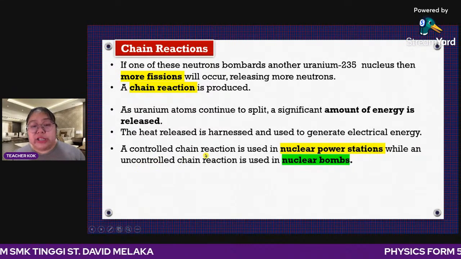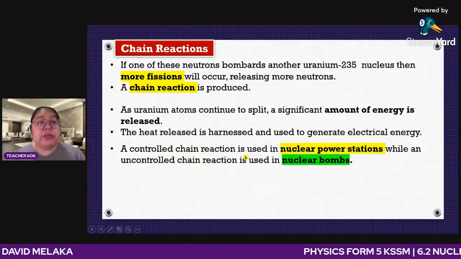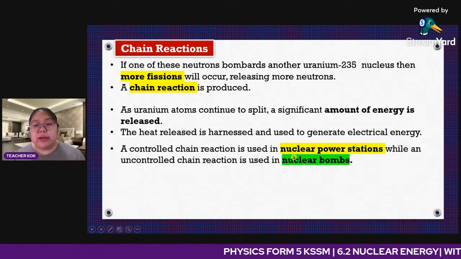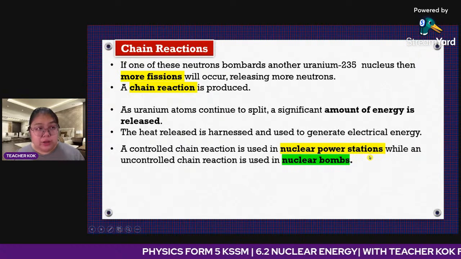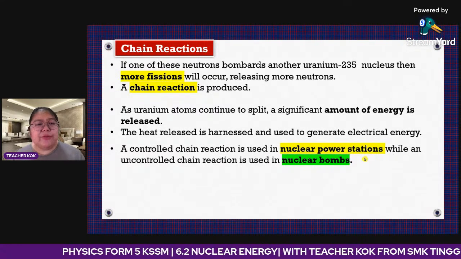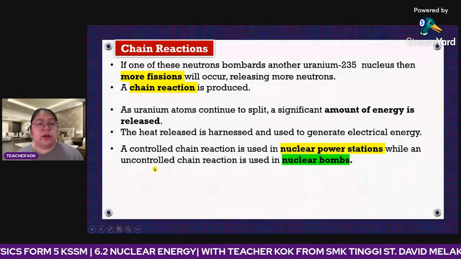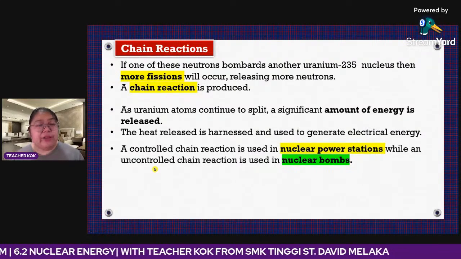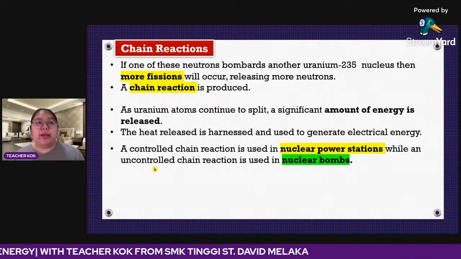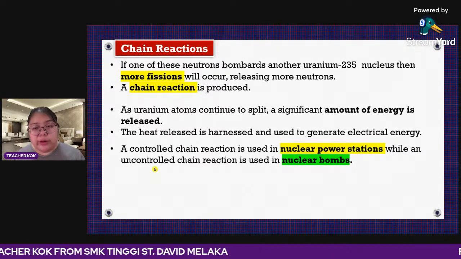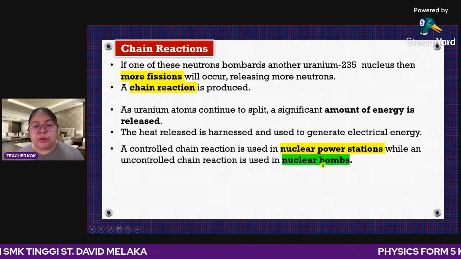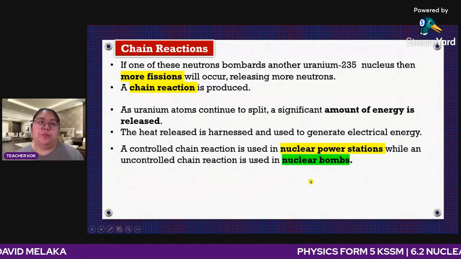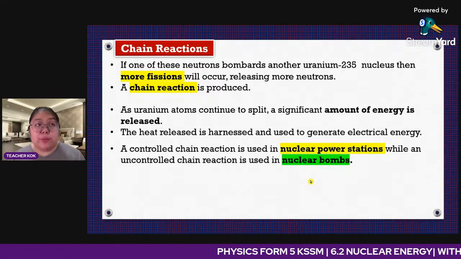A controlled chain reaction, that means just like the power station, if we can control the nuclear power station, we can use all this energy. If you cannot control the nuclear fission chain reaction, what happened? The energy is too large, over and over, so it will produce a nuclear bomb.